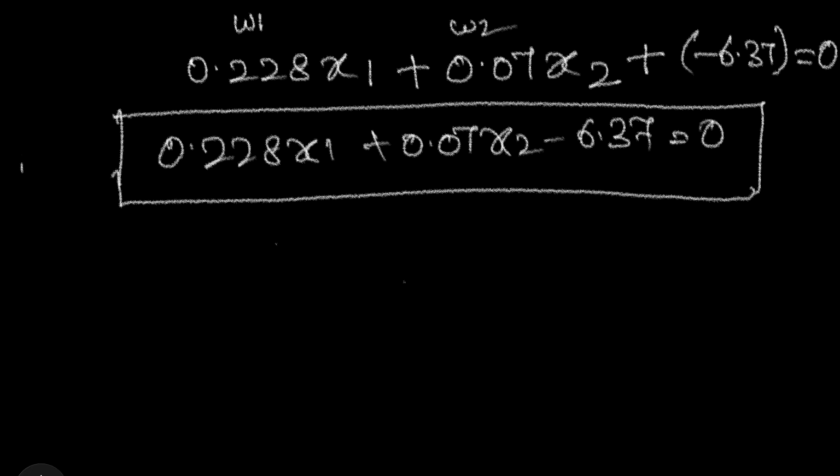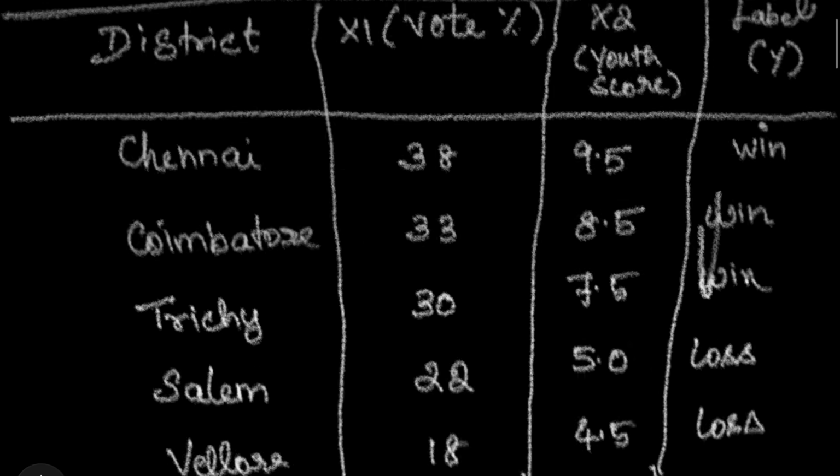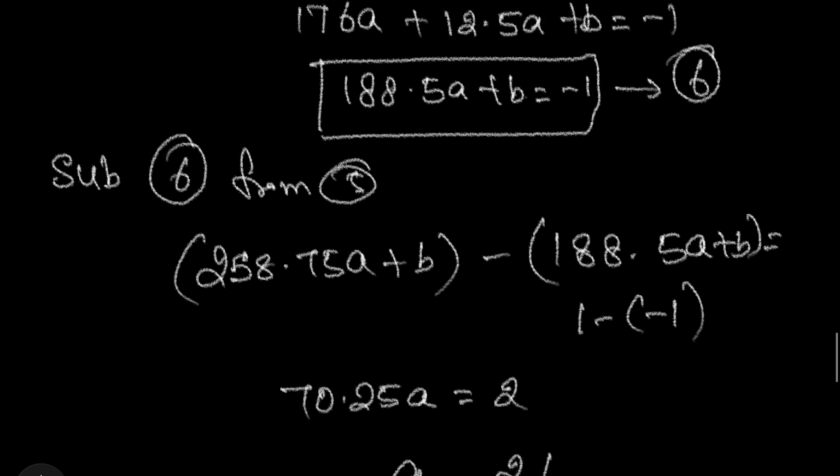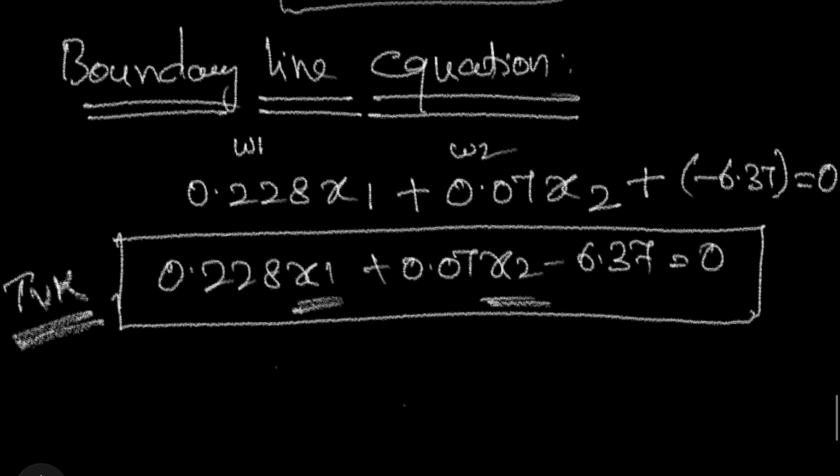So for TVK party, I have this boundary line equation, and if I give you any distinct value of x1 and x2, x1 is what percent and x2 is its score. So with the help of that x1 and x2, you can directly apply the value of it here, and you can get the value whether they will win the particular district or not.